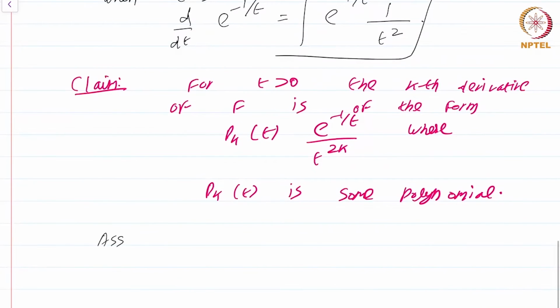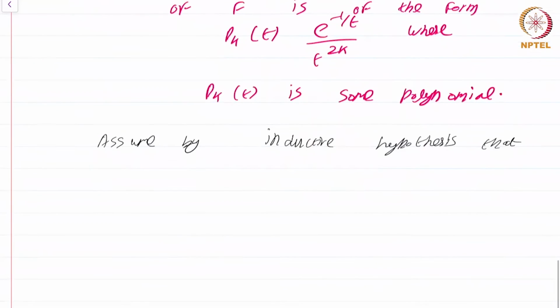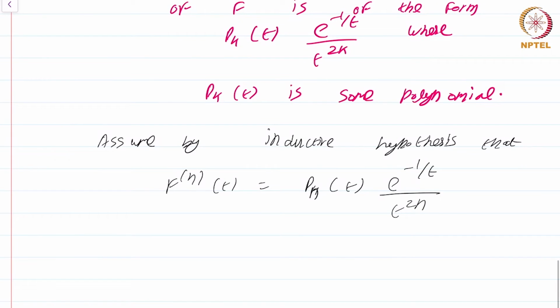So assume by inductive hypothesis that f n of t is actually of the form pn of t times e power minus 1 by t by t power 2n.